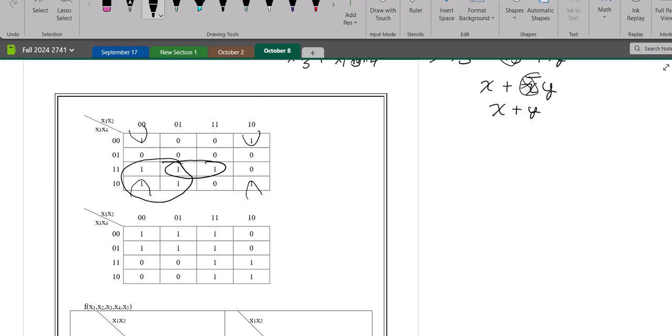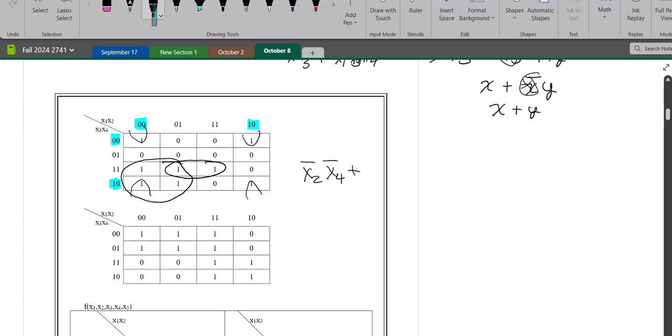So remember, a group of 4 should end up having 2 variables in it, and so the 4 corners. The 4 corners involve those 2 columns and those 2 rows. So what they have in common is x2 bar and x4 bar.